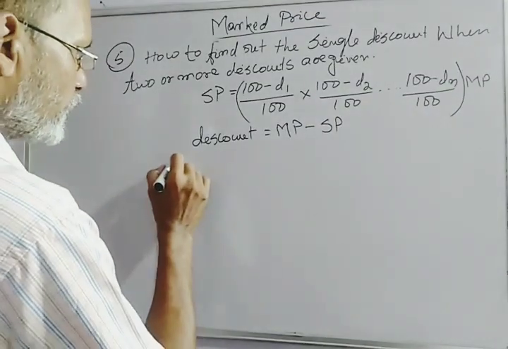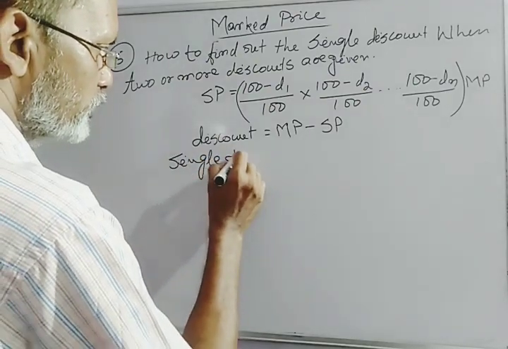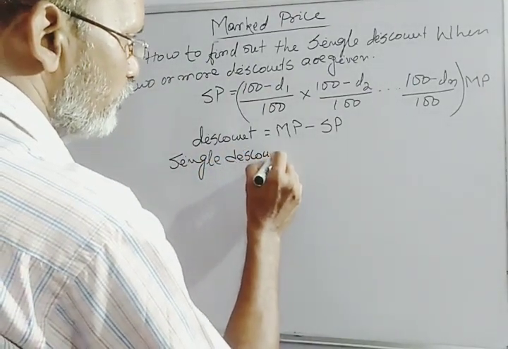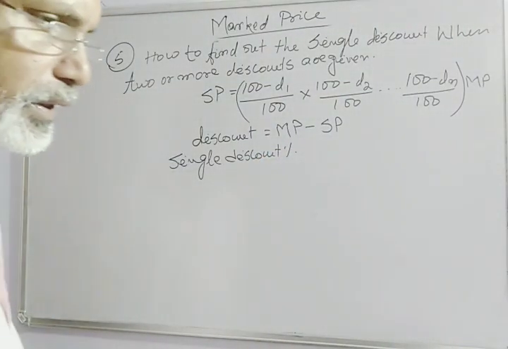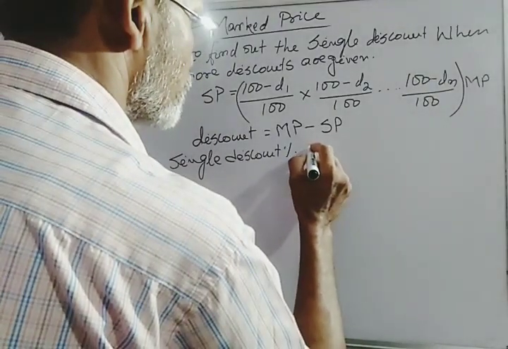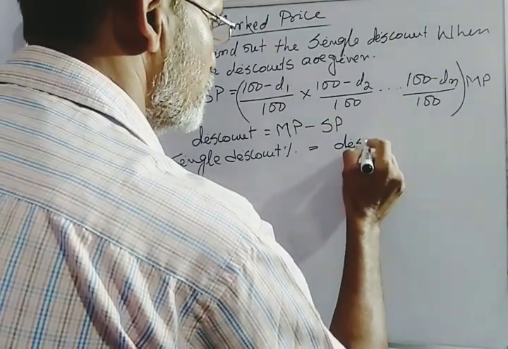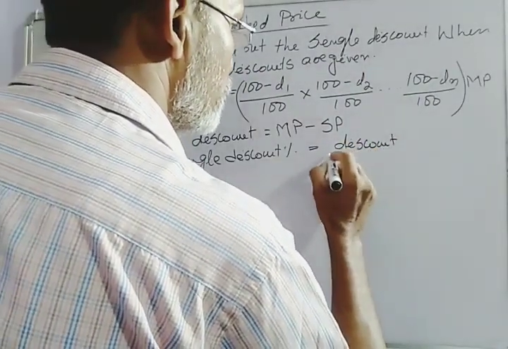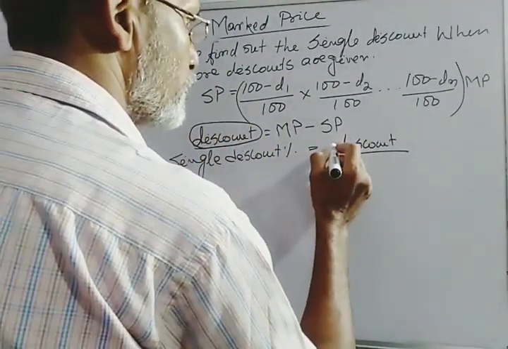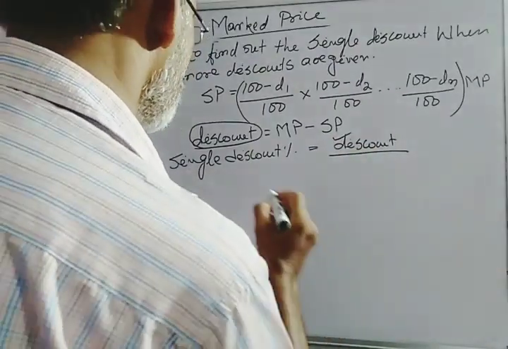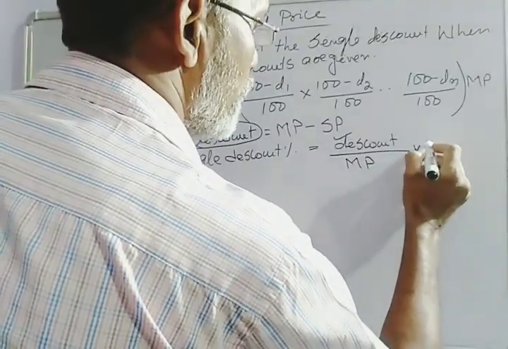Then single discount percentage is equal to this discount by mark price into 100.